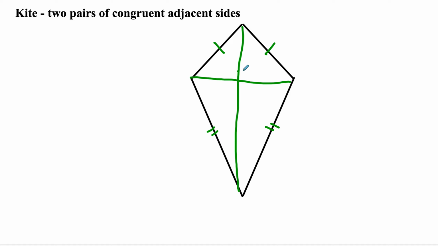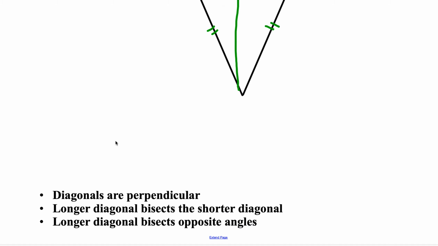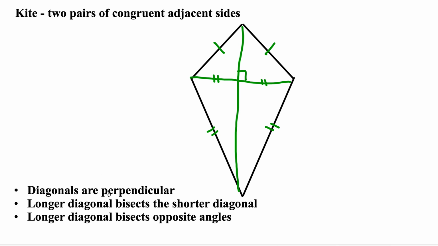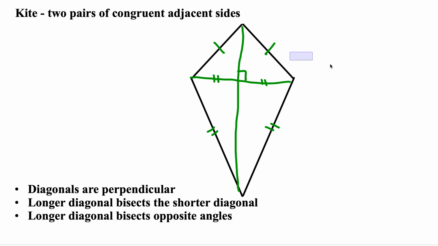Now, it just so happens another property is that these diagonals form a right angle, and the longer diagonal bisects the shorter diagonal. For convenience, I've written this down here, so let me bring that up. It also says that the longer diagonal bisects the opposite angles.